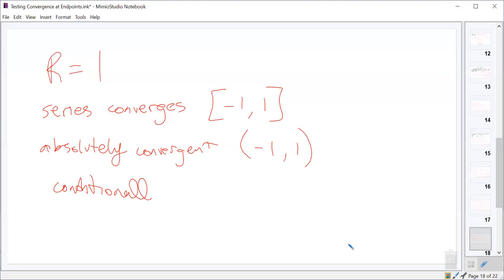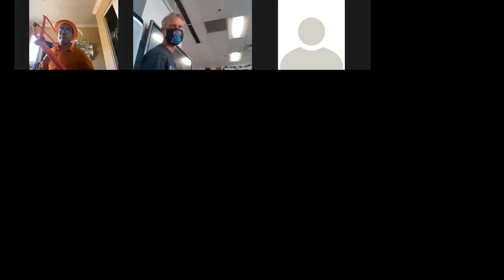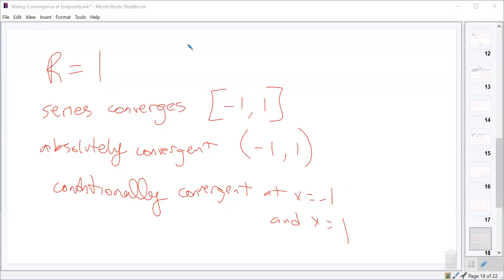any questions on that? You guys, I don't know how long ago did I cut out of Zoom? Conditionally convergent. Okay, so it's conditionally convergent at -1 and 1. Done. Everybody good with that?